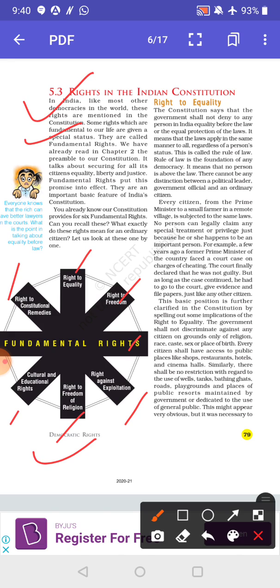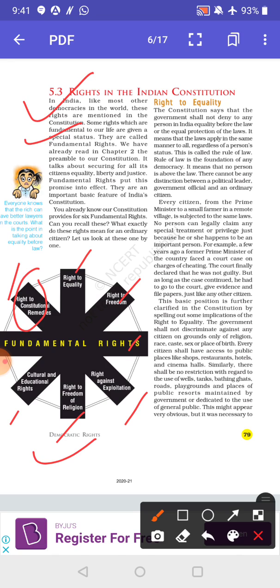Now we will go through all these six rights. First, let us understand the right to constitutional remedies. It can be used when any of the citizens' rights are violated or attacked by another person, the government, the majority group, or anyone.